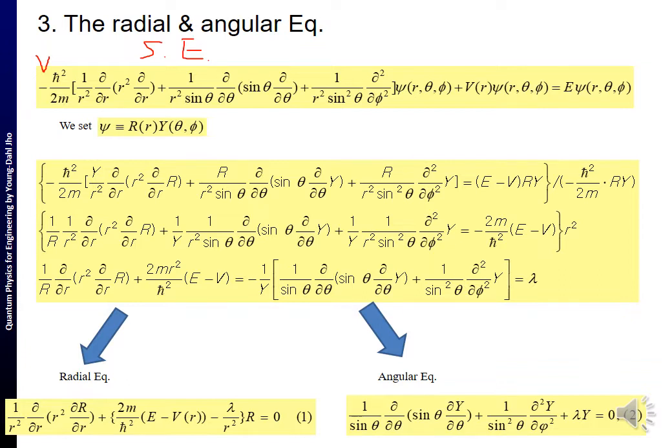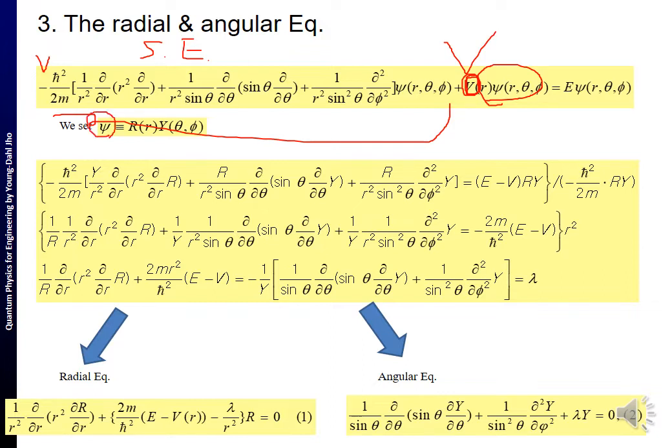We see that this is the kinetic energy part, and this is the potential energy part, and this potential will eventually be replaced by the Coulomb potential. But before that, let's say we don't know the potential shape yet. Then we separate the variables like this.